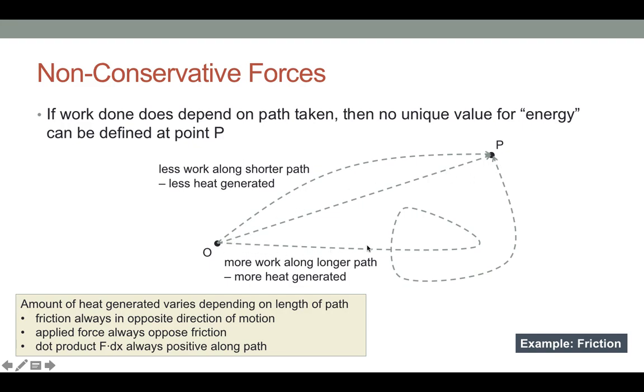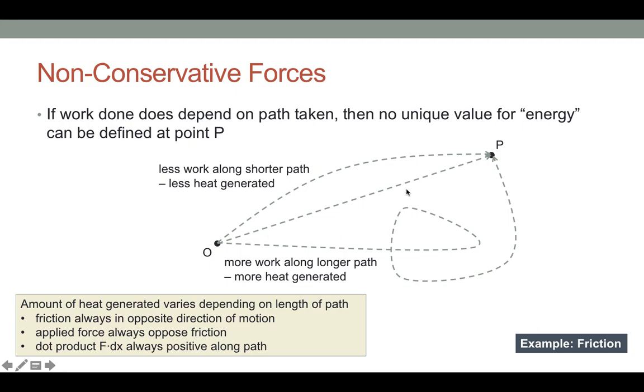It takes a lot more work to push an object down some round, crazy path of longer length going from O to P. And that's because friction is always in the opposite direction of the motion. The applied force required to go from O to P always opposes the friction. The dot product is always positive and will always add up all along the length of this path. And because this path is longer, there'll be more sums to add up, and therefore more work will be done.